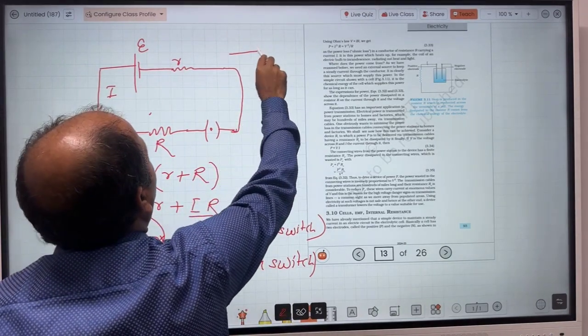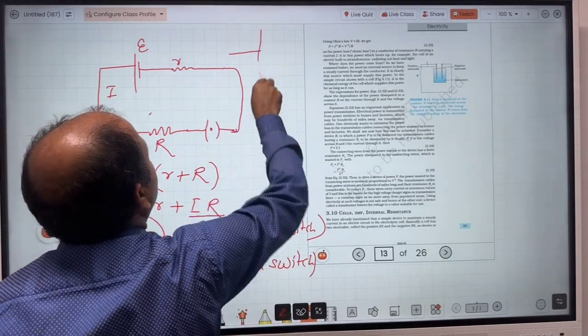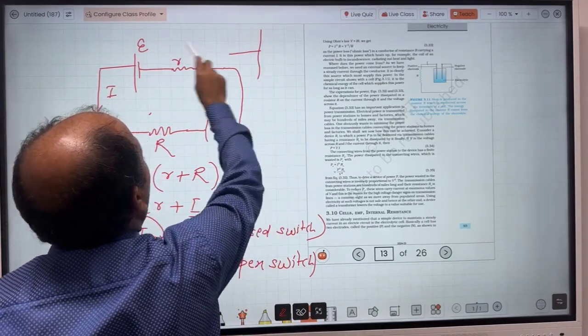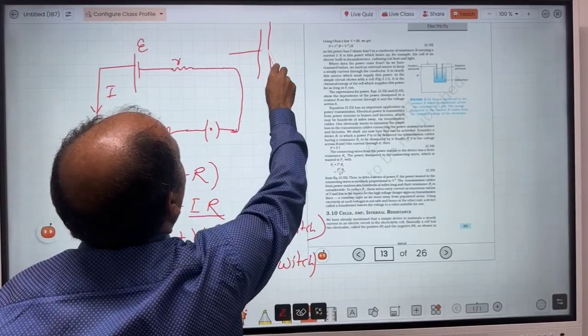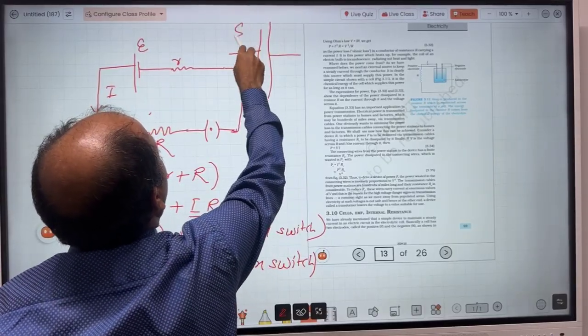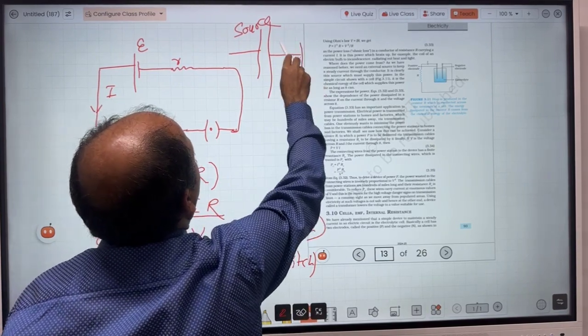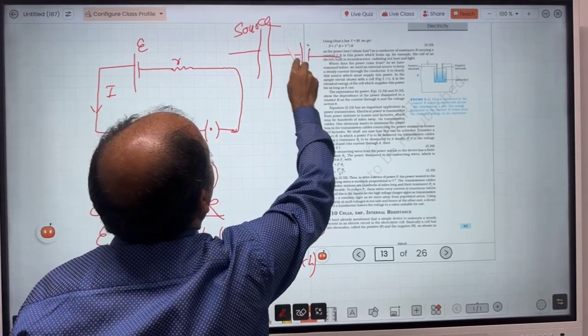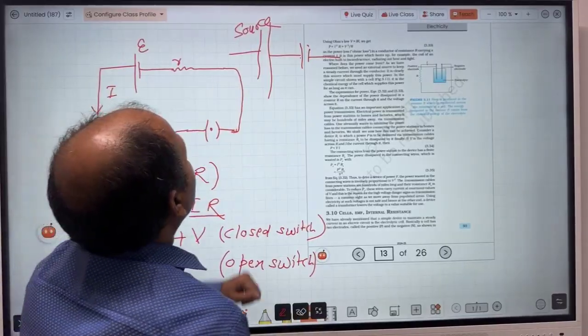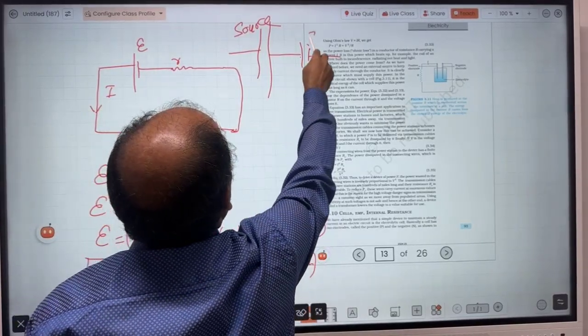So here suppose certain value of DC is being used, and positive of cell is connected to positive plate of the source. So in that case, formula will change.